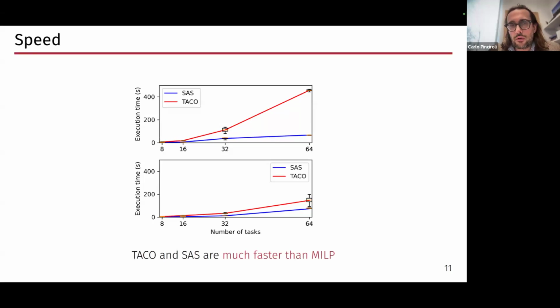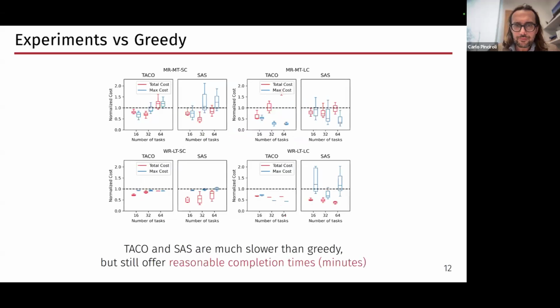But obviously, we're not in the order of milliseconds like we were with the heuristic. And so we now have basically 3 or 4 algorithms that place us along the two axes of computation time and expected quality. If we do a comparison with greedy, what we notice is that both TACO and SAS are much slower than greedy, so it might be good to hot start them with greedy.